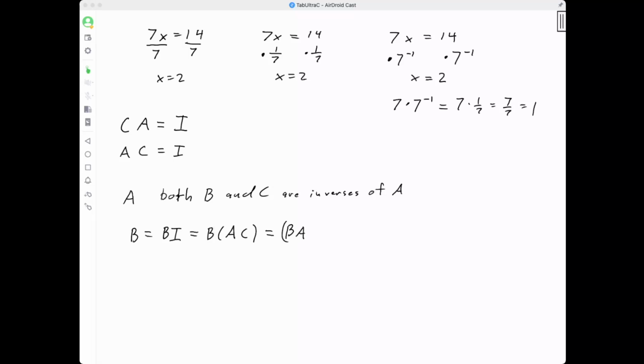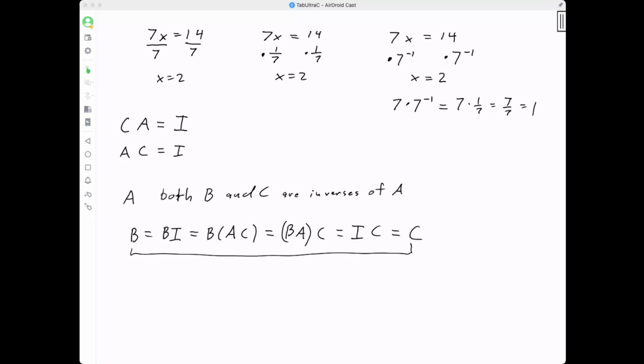I can reorder my multiplications to get BA times C. And because B is the inverse of A, this is equal to the identity matrix times C, which is just equal to C. So all in all, what we get is that if we have two inverse matrices, B and C, then B is equal to C. That is, they're the same thing.